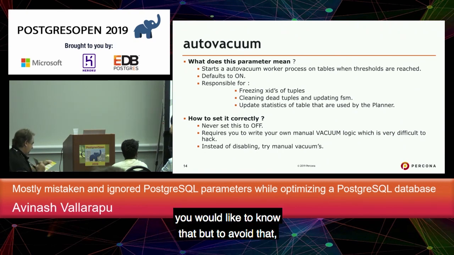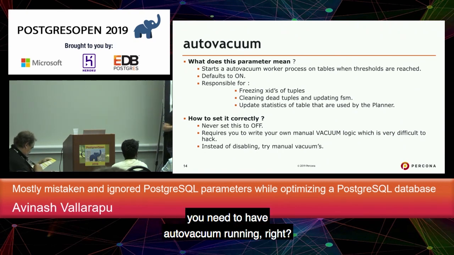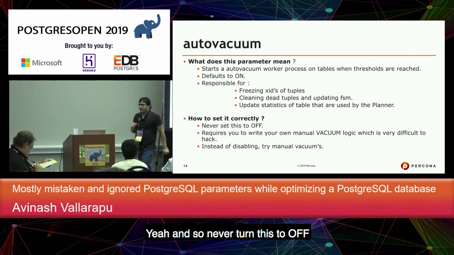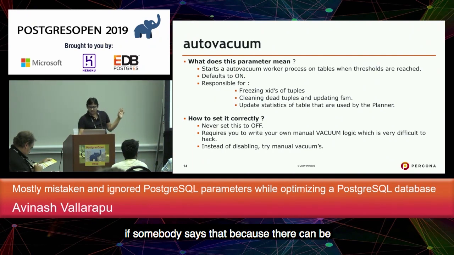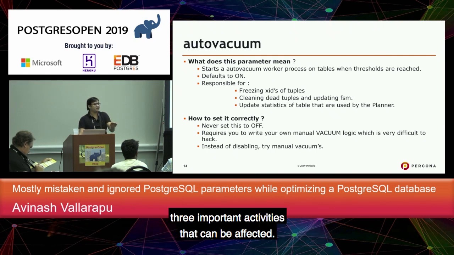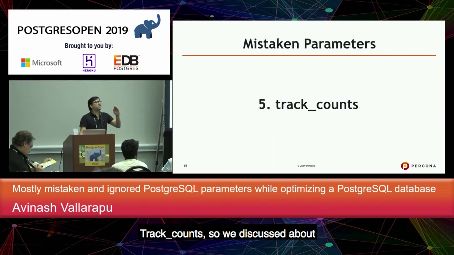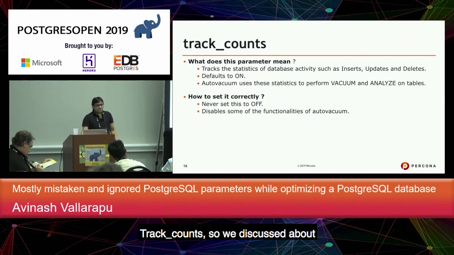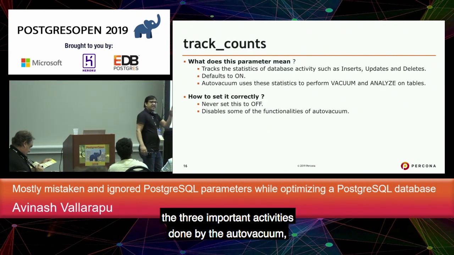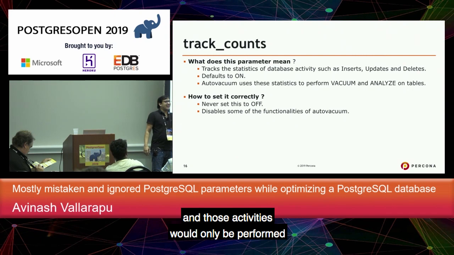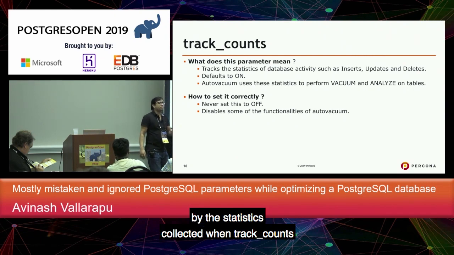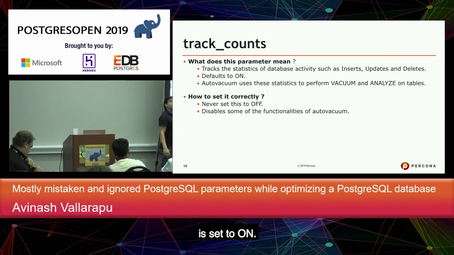But to avoid that, you need to have AutoVacuum running, right? So never turn this off if somebody says that, because there are three important activities that can be affected. Track counts. We discussed the three important activities done by the AutoVacuum, and those activities will only be performed by the statistics collected when track counts is set to on.